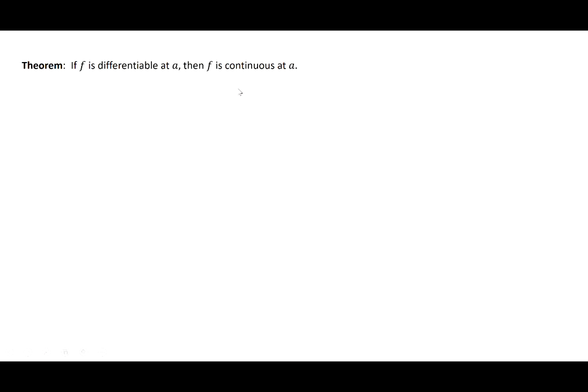So all we need to do is now state this, if Q then P. So the converse would be, if F is continuous at A, then F is differentiable at A. That is the converse of the theorem.